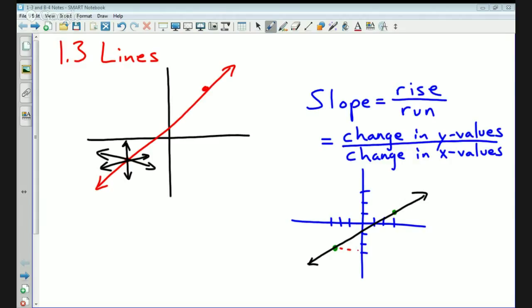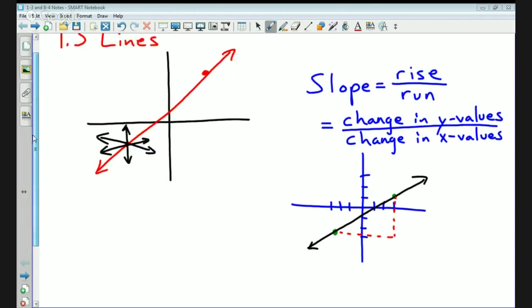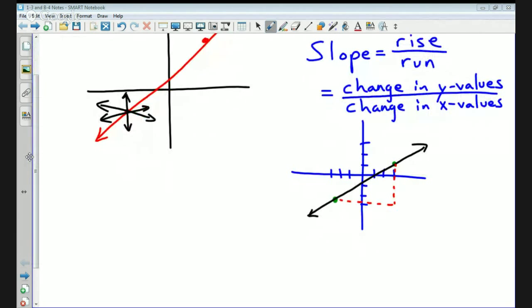What I'm going to do to make this idea of the rise over the run stand out is those little dotted lines there. The idea here that I want to really point out with this change in y values is that from one point to the next, you can see that there is a change in the y. I started down on the left and I ended up over here, up a little higher on the right. So we would call that the rise. And in this case, we do have a positive rise. Our y values are getting bigger as I'm moving from left to right.